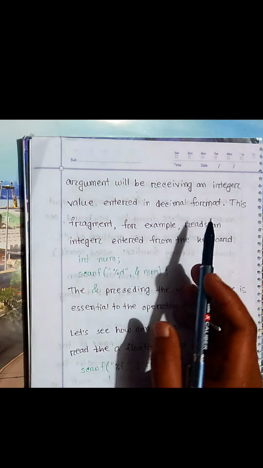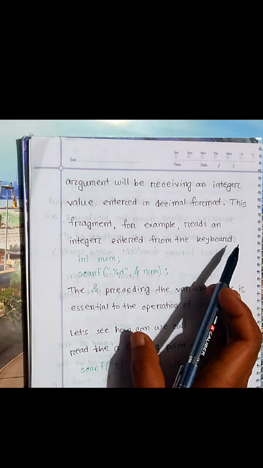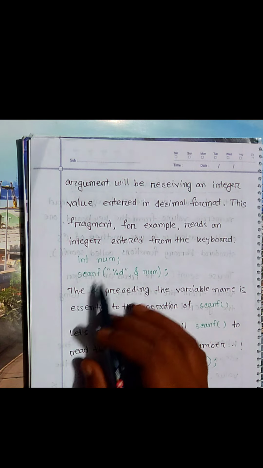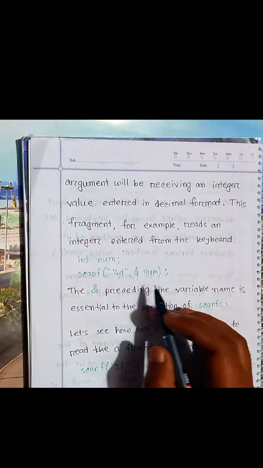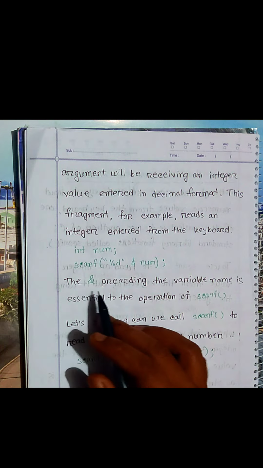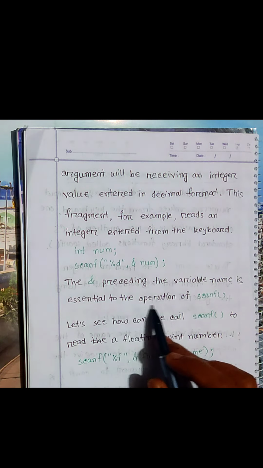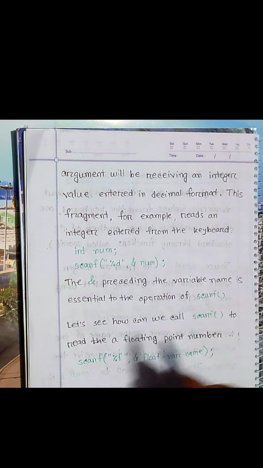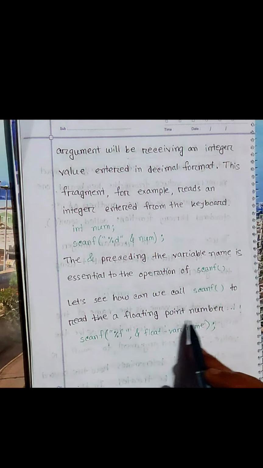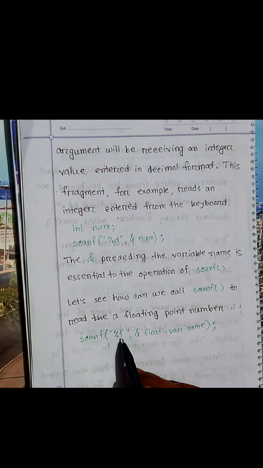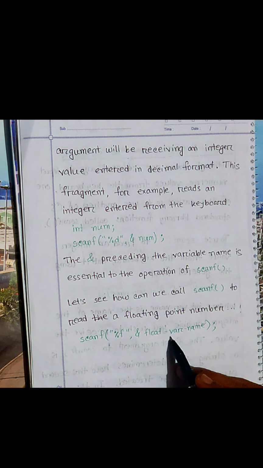This fragment, for example, reads an integer entered from the keyboard: int number; scanf("%d", &number). The ampersand preceding the variable name is essential to the operation of scanf. Let's see how we can call scanf to read a floating point number: scanf %f, ampersand, float variable name.